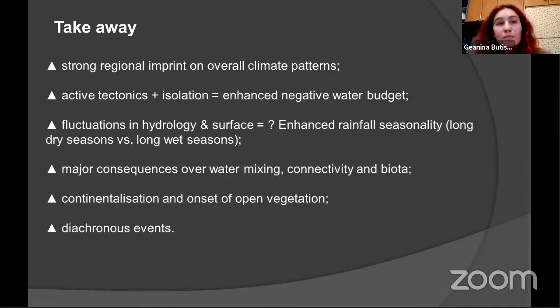To take away from this study, I would say the most important part is that we have a strong regional imprint on the climate patterns.